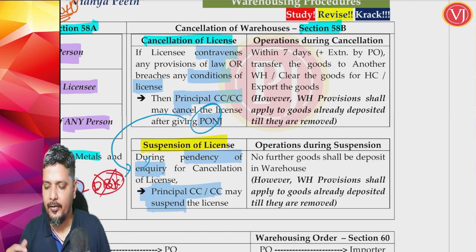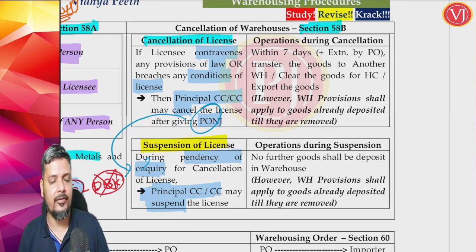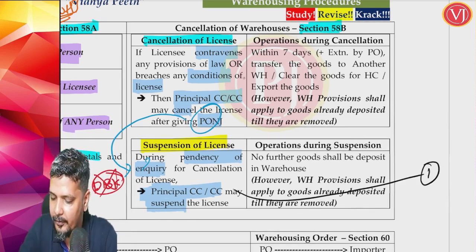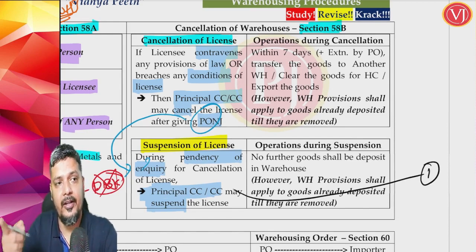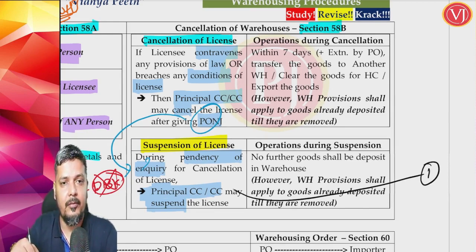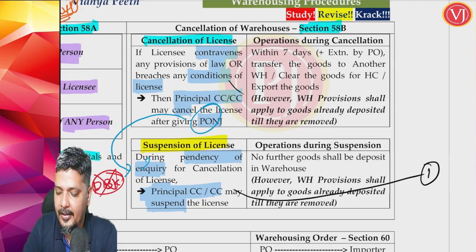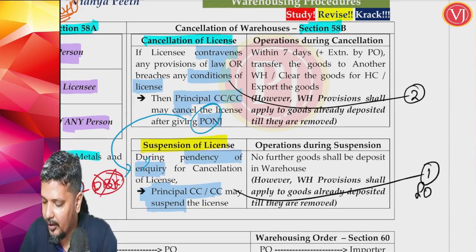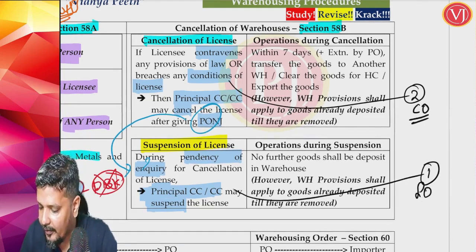Now, what is the difference when you talk about suspension and cancellation? First, cancellation proceeding starts, but suspension will happen. Finally, only then you'll have the cancellation order. So first there will be a suspension order, only then there will be a cancellation order.